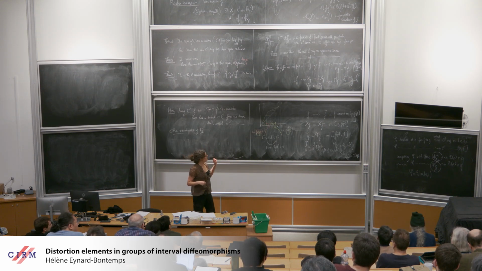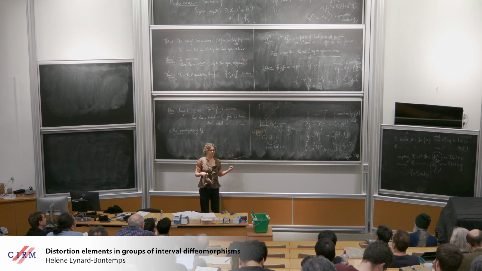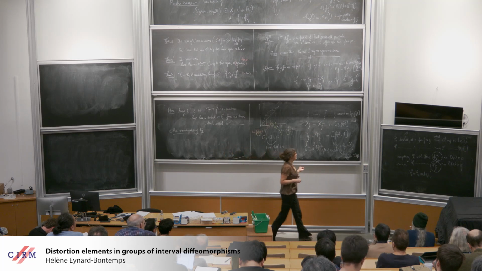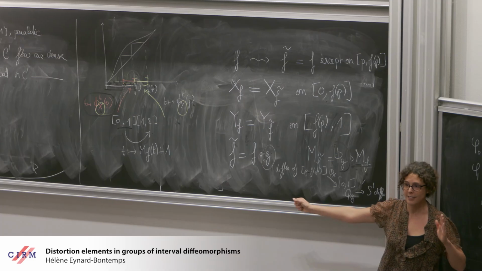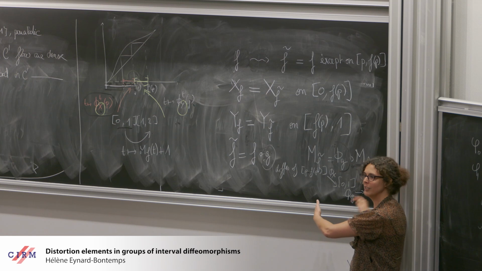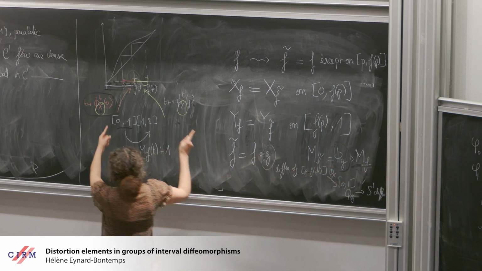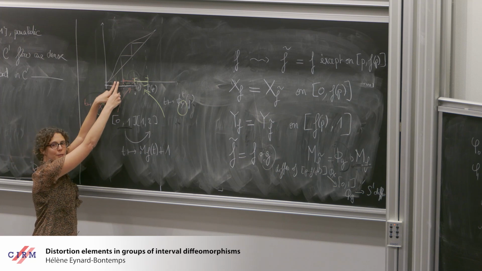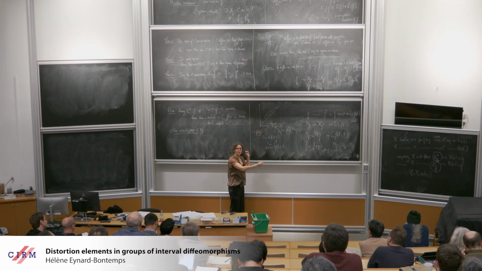And I'm just going to conclude by saying that this does not work by a C2 small perturbation, because even if you fragment your matter invariant in C2 small things, when you conjugate a C2 small diffeomorphism of the unit interval to a C2 diffeomorphism of a very small interval here, you make the second derivative explode.